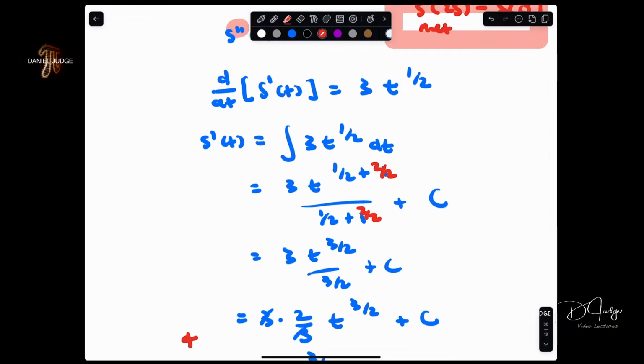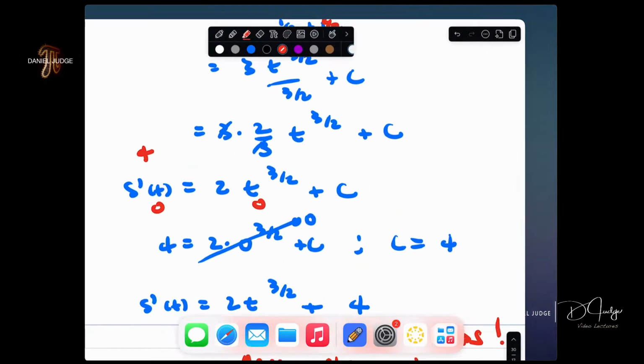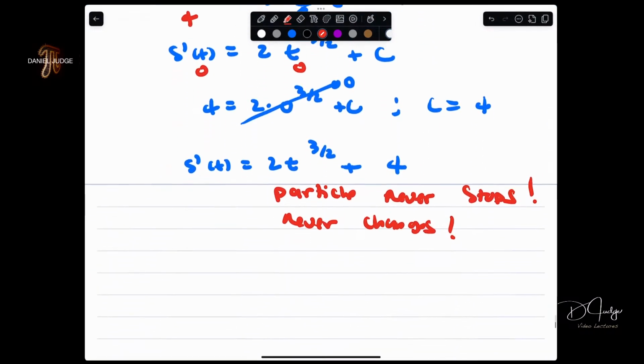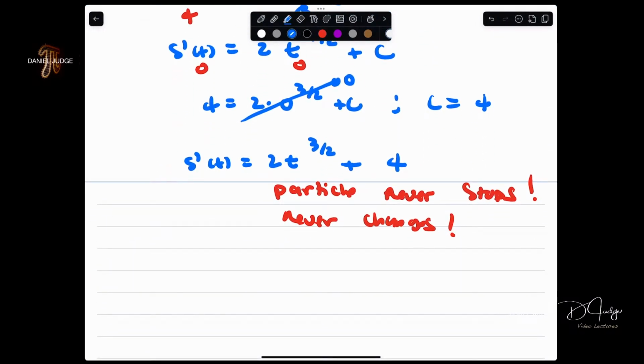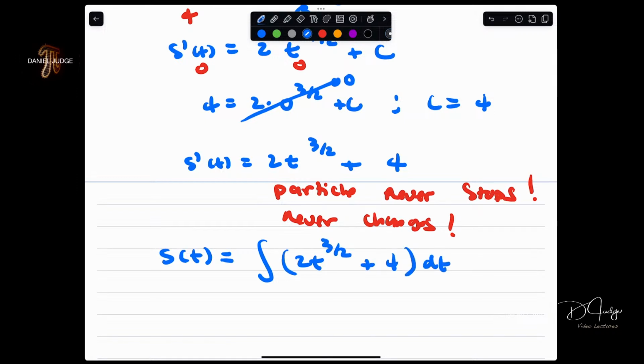So, okay, what does that even mean? Well, what that means is we're going to find the distance traveled by, yes, finding this position function, which will be the integral of 2t to the 3/2 power plus 4 dt, starting at 0, ending at 25.